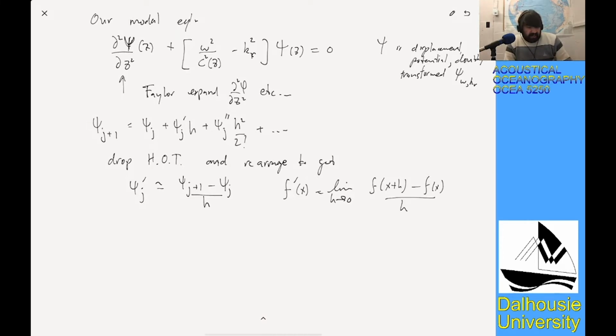So we can improve that a little bit by doing the order h squared approximation, in which case we get, there's our first order in h, okay, using our wave equation, right?